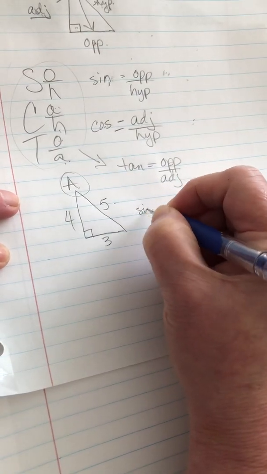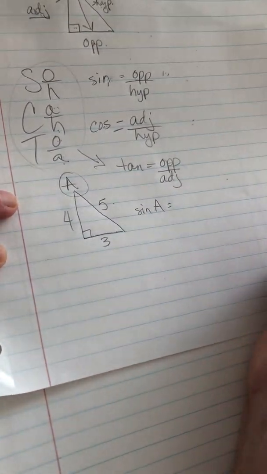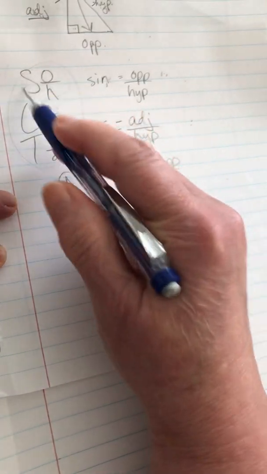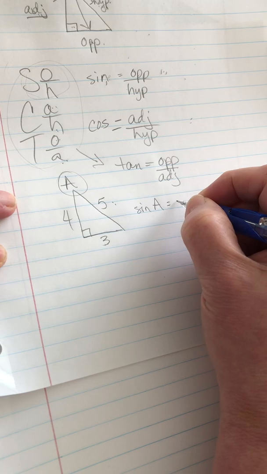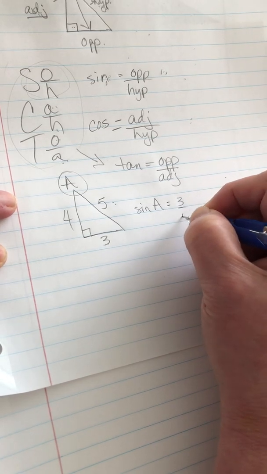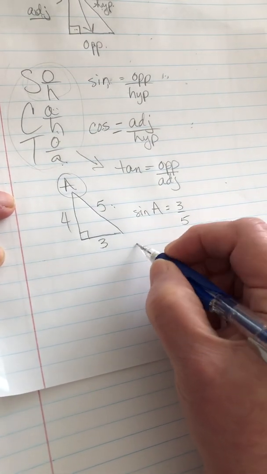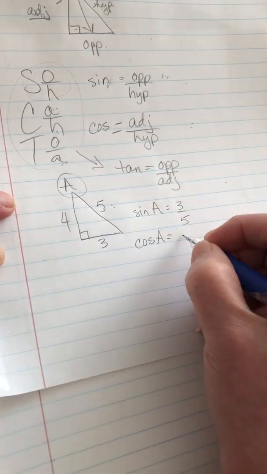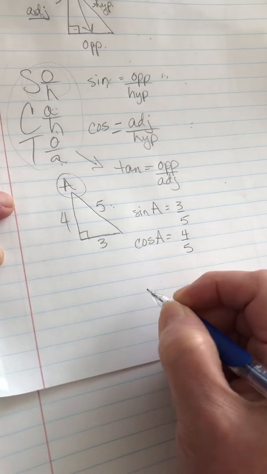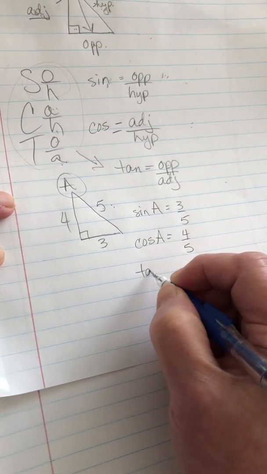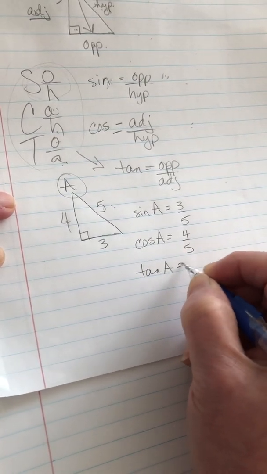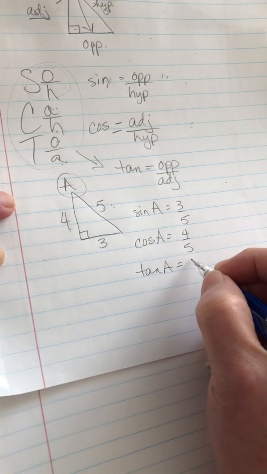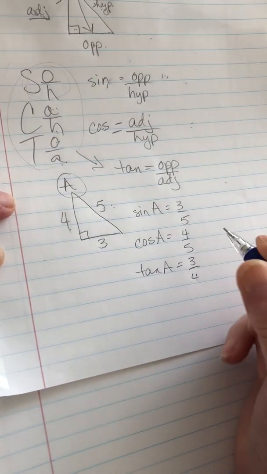So the sine of A, opposite over hypotenuse, is 3 over 5. My cosine of A, adjacent over hypotenuse, is 4/5. My tangent of A is opposite over adjacent, so that's 3/4.